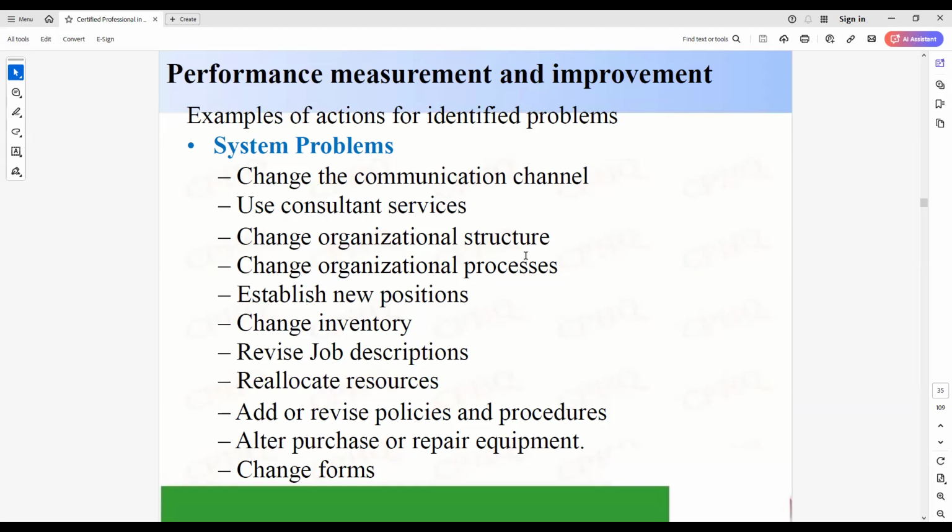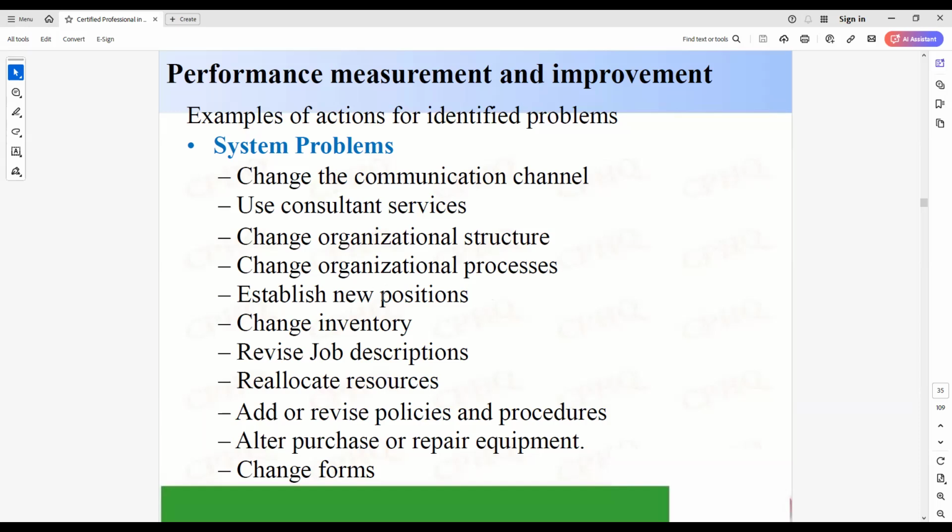Changing organizational structure can address system-wide problems sometimes. Changing organizational processes. So the way you care for patients, the way you prioritize their activities. So looking at each of the processes. So for example, lean management is an example of changing organizational process where you reduce or eliminate waste.